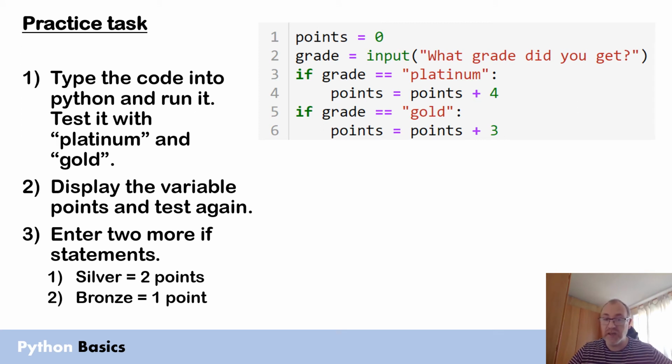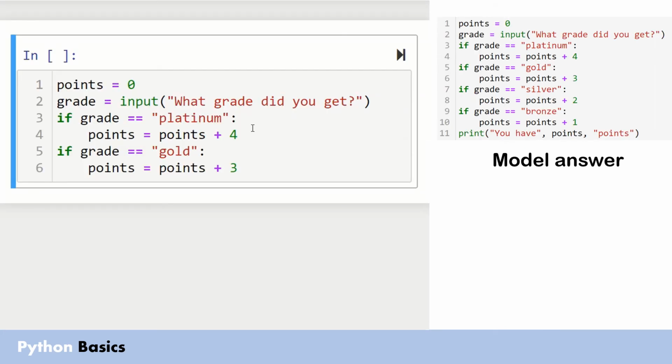The way to do it is to copy and paste one of these if statements, both lines, and tweak it. And you do this twice. Now you may wish to pause the video and have a go at this task. If you've had a go at the task or got stuck, then I'm now going to go over the model answer. So here's a worked example of the previous task.